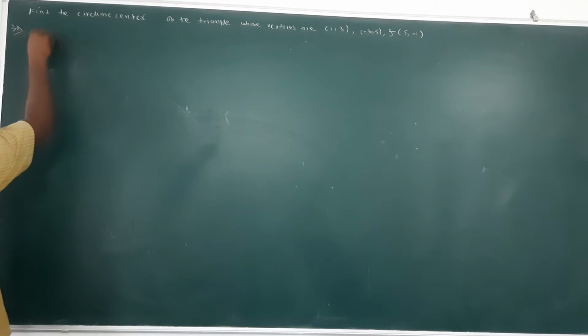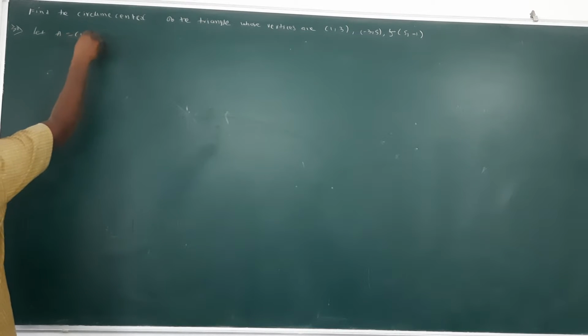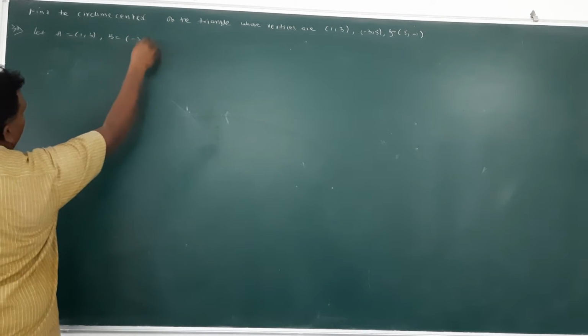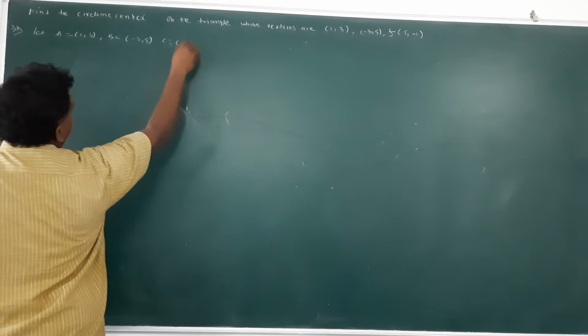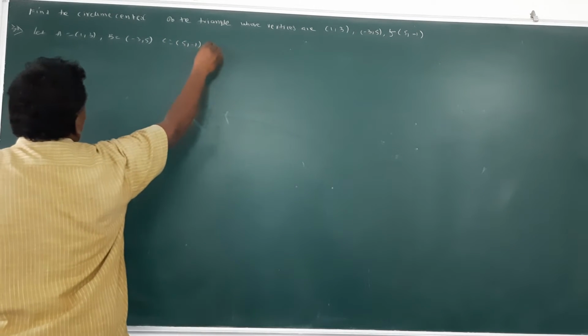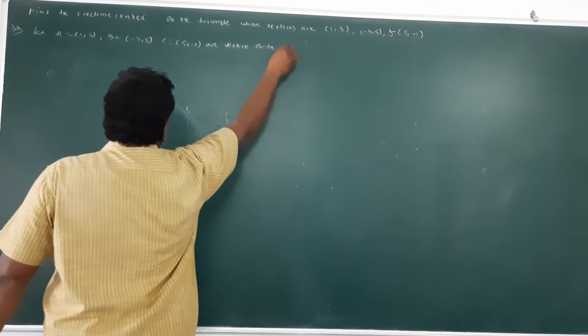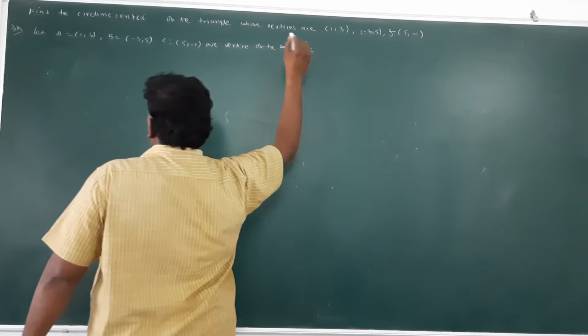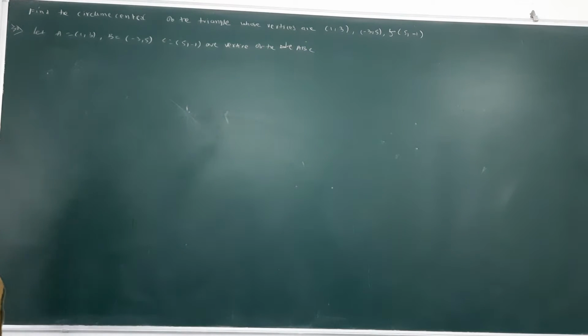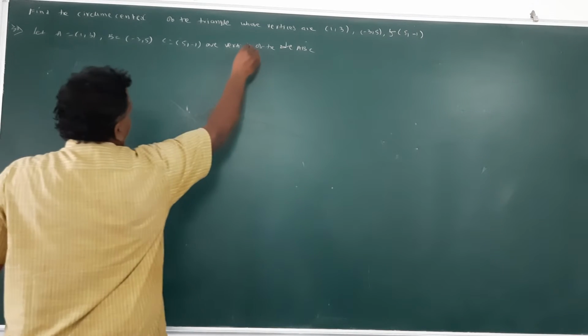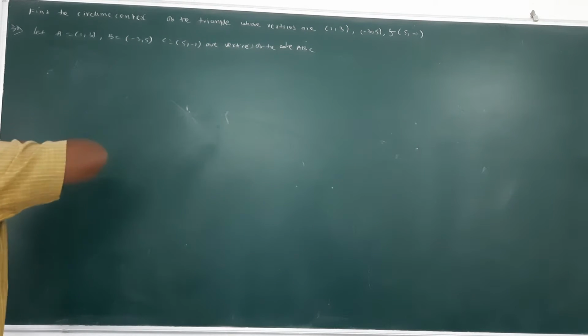First, let A is equal to (1, 3), B is equal to (minus 3, 5), C is equal to (5, minus 1) are vertices of the triangle ABC.